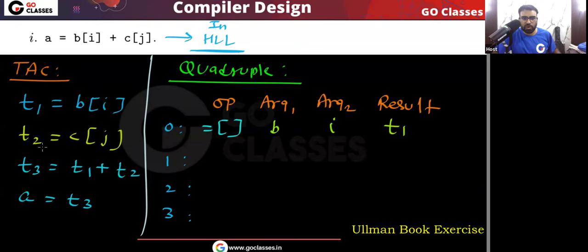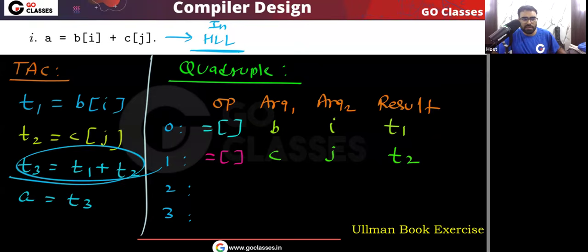What about the next statement? Here this is c. Again, the operator is the bracket on the right side of the assignment. The arguments are c comma j, and the result we store in t2. Very simple.